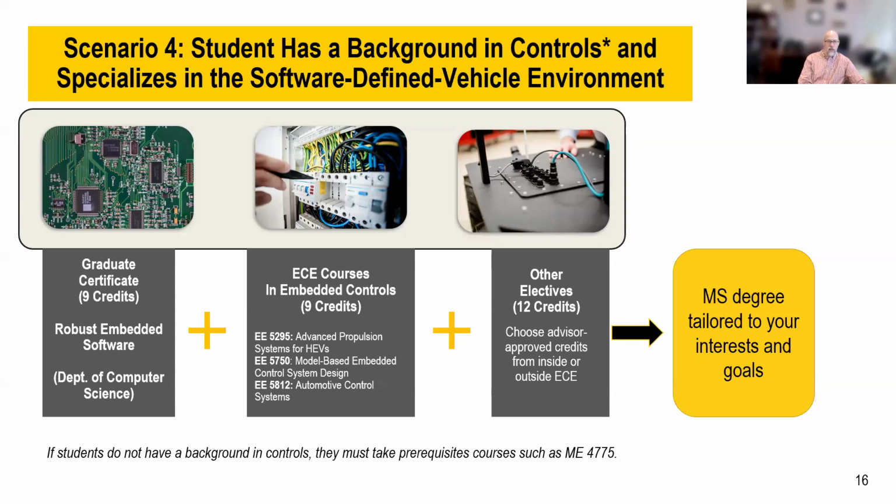So those 9 credits for the computer science department would count as out-of-department courses. And then you could take ECE courses in embedded controls, which there are three courses listed there, and then you've got another option for 9 or 12 credits of electives or other things that would be of interest in the controls and automotive world that would fit for that degree focus area.